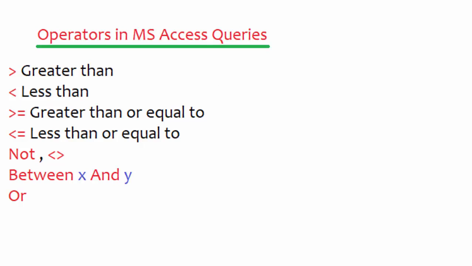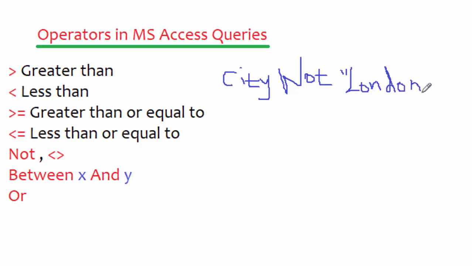So in that case, I will say here, can you check city for each student, but not London? So when you write not London, it means all cities will be returned except the students who come from London will not be included.